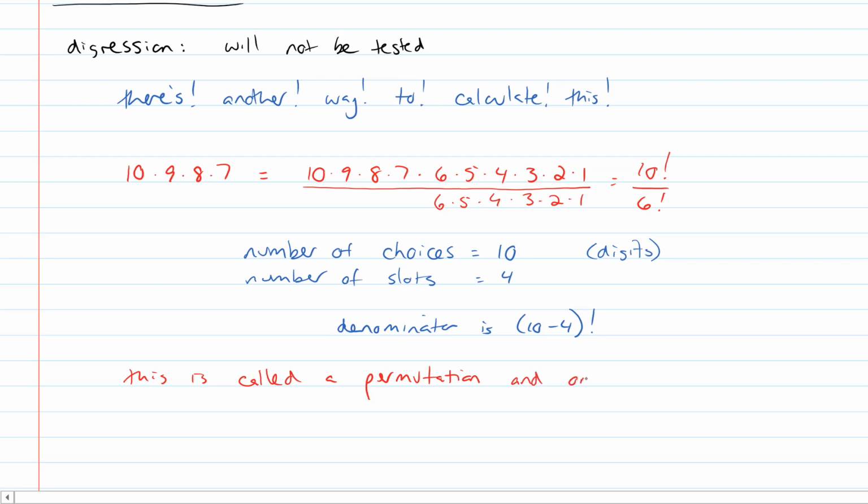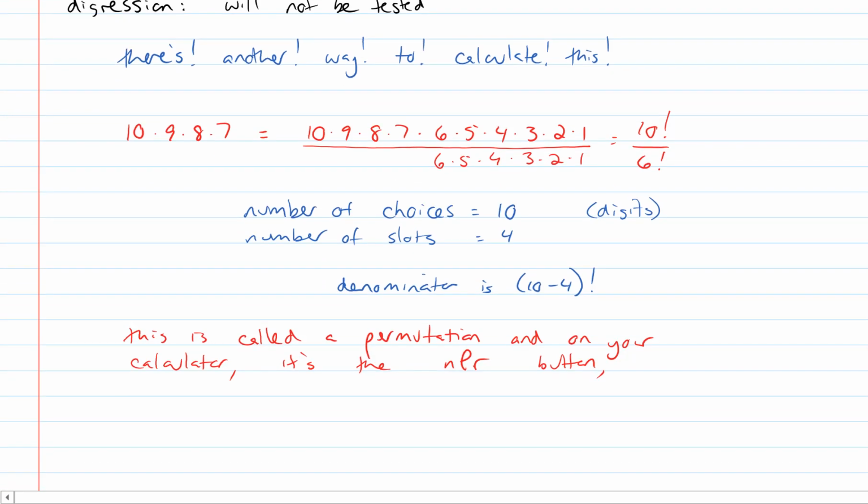And on your calculator, or at least most scientific calculators, it's the NPR button. And if you want to try it, you'd enter a 10 and then hit the NPR button and then enter 4 and then hit equals to get 5,040.